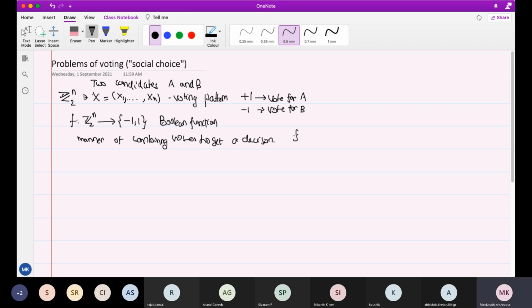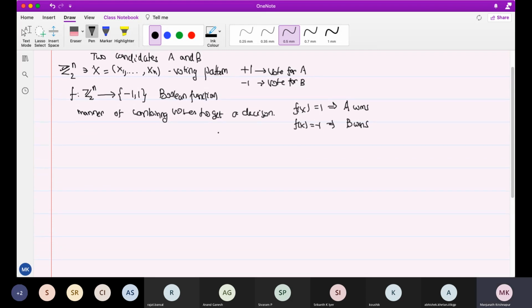So f of x equals +1 means A wins, and f of x equal to -1 means B wins. Okay, so that's the meaning of this.